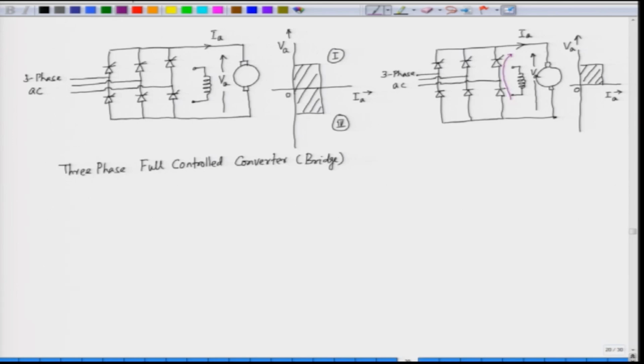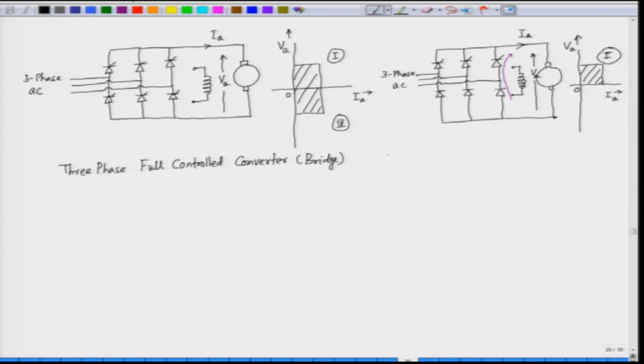Whenever the voltage is negative, freewheeling starts between the diode and the SCR, which brings the voltage down to 0. So, the minimum value of VA can be 0, and it can only be positive. So, this operates only in quadrant 1.